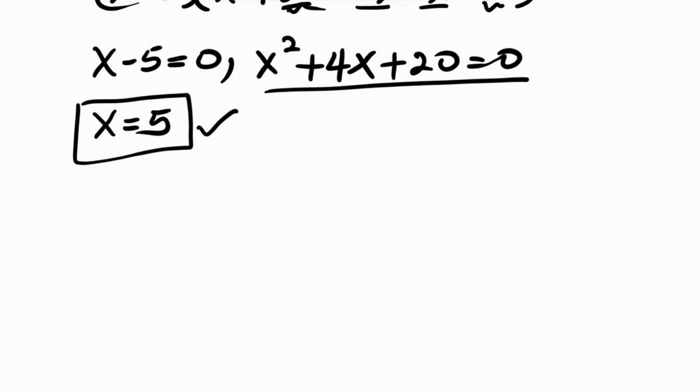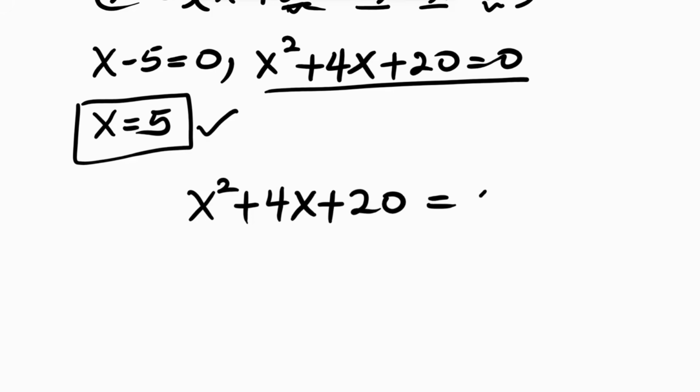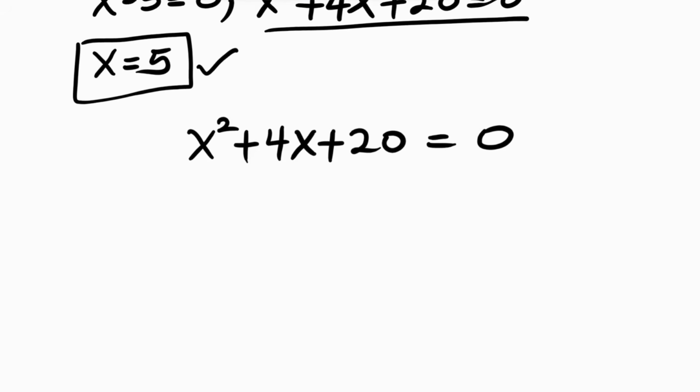Then let's go on to this. We have x squared plus 4x plus 20 equals 0. So this is in the form of ax squared plus bx plus c equals 0.